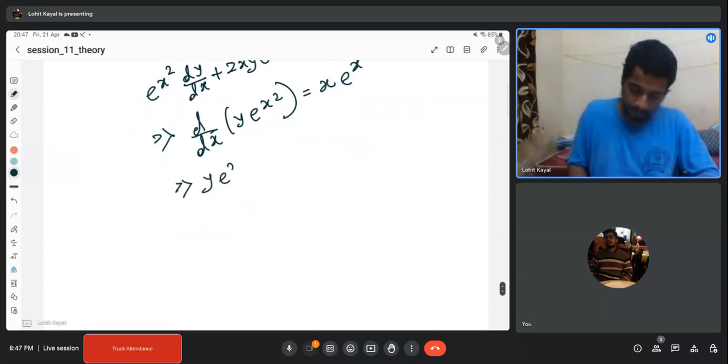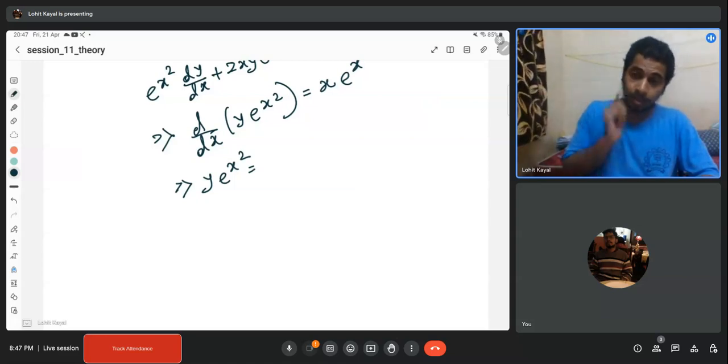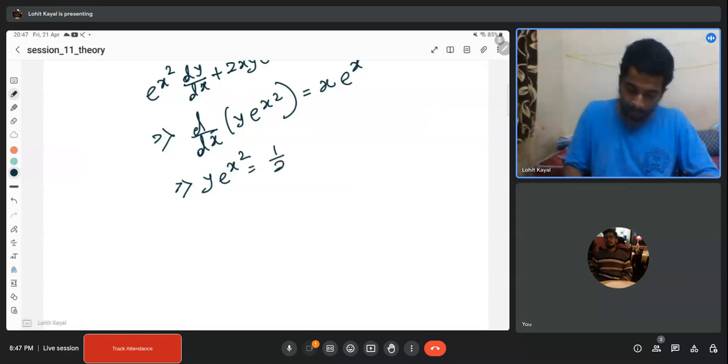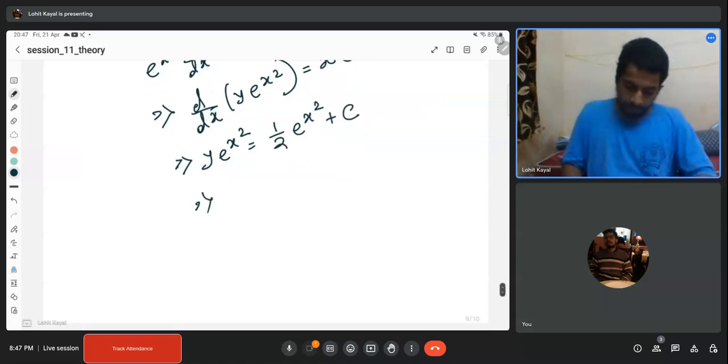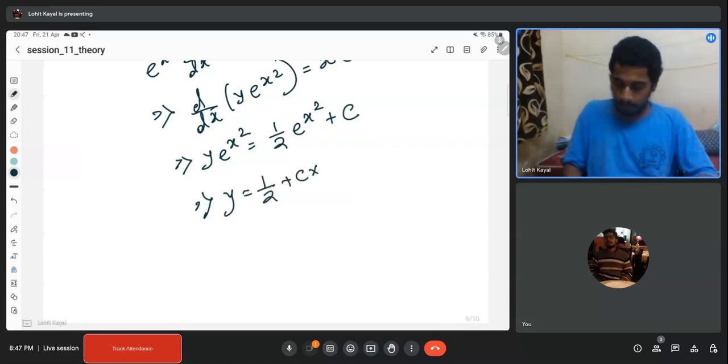That means y e to the power x square, if you take dx on the right hand side and integrate it, you will get half of e to the power x square plus some constant c. This implies y equal to half plus c into e to the power minus x square.